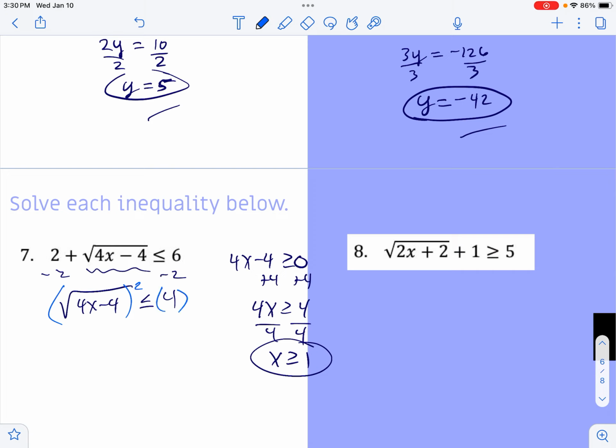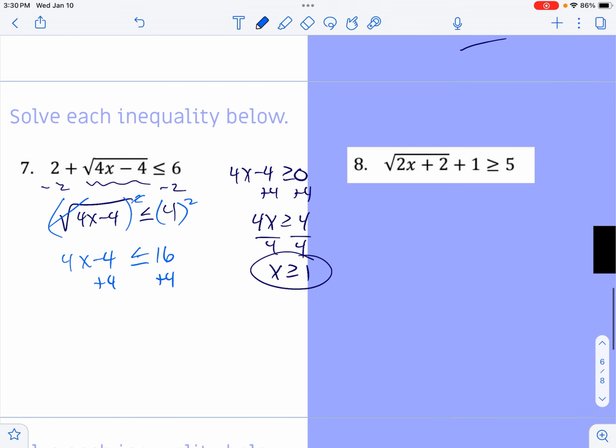We isolated the square root, now we get rid of it. So squaring a square root cancels it out, and I get 4x minus 4 is less than or equal to 4 squared, which is 16. Add 4, and I get 4x is less than or equal to 20. Dividing by 4, here's my actual answer: x is less than or equal to 5.